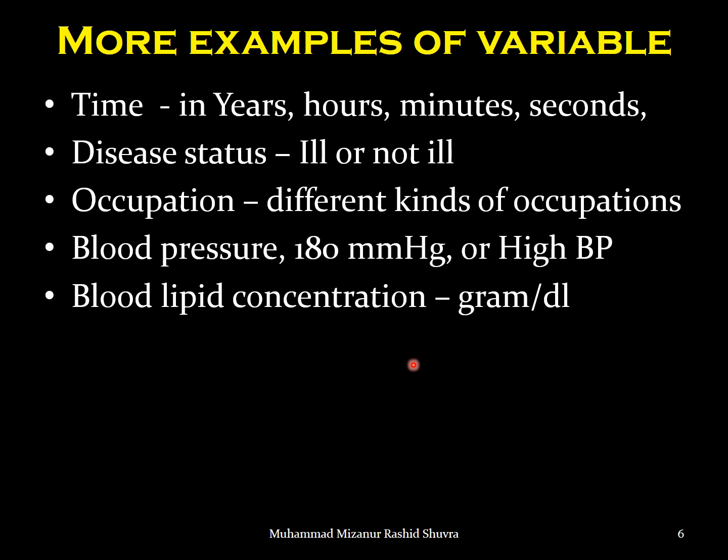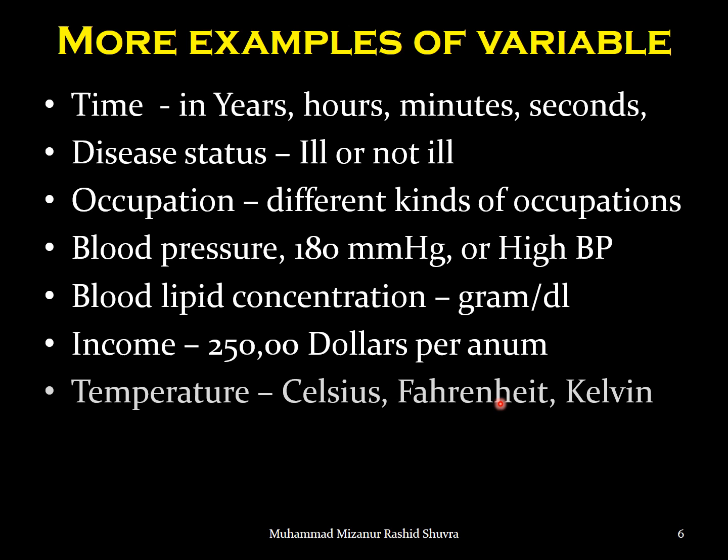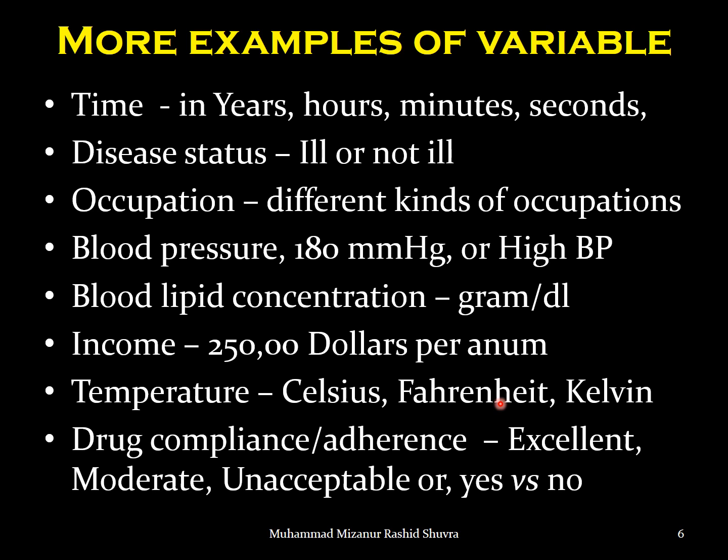It's a variable. It changes from people to people, even time to time in an individual person. Then you have the income, right? It's a variable. Different people may have different kinds of income. So the concept of income is able to vary from person to person. The temperature as well, and then drug compliance or adherence.